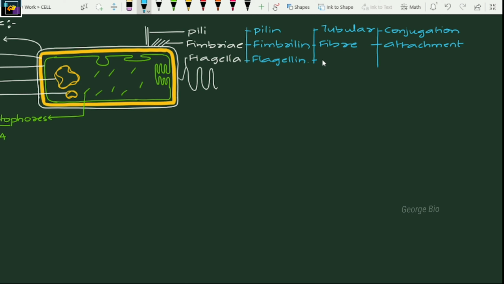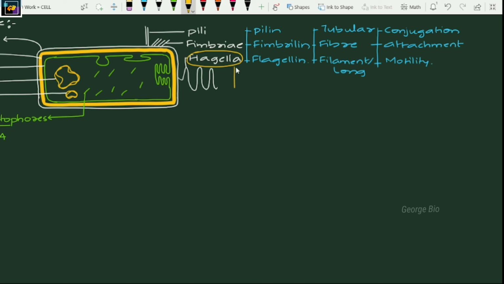It is a filament-like or thread-like, filamentous, long structure that helps in motility or locomotion.